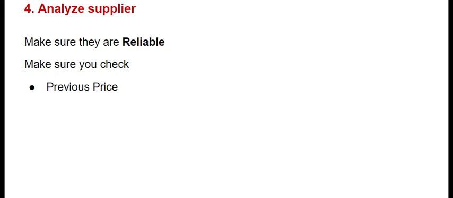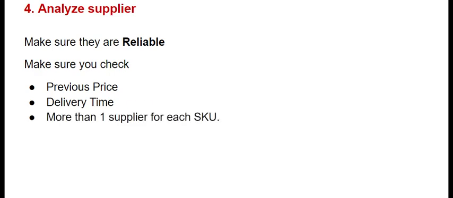Now do the same thing with multiple suppliers, because if you have multiple suppliers, you will have a very good competitive price, and different suppliers have different lead times, so you are not putting all the load on one supplier. You will have timely delivery. Have more than one supplier for each SKU, meaning stock keeping unit. It is very important to have more than one supplier.